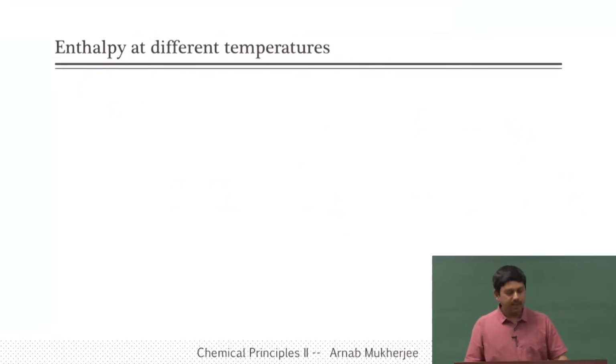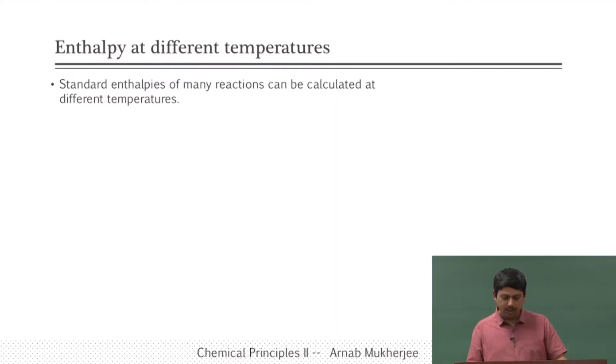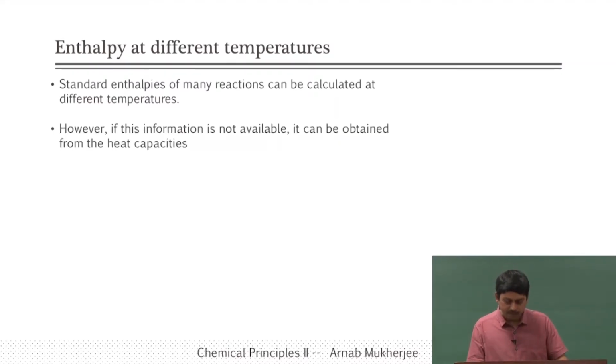Now how do you get enthalpy at different temperatures? In order to understand that, we have to see that standard enthalpies are defined only for 1 bar pressure, but it can be at any temperature. The standard enthalpy of many reactions can be calculated at different temperatures. However, if this information is not available, it can be obtained from heat capacities. How?